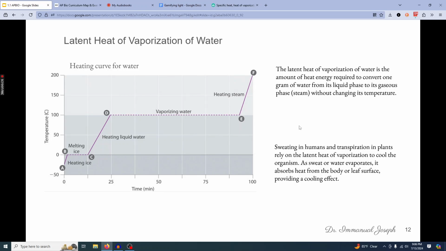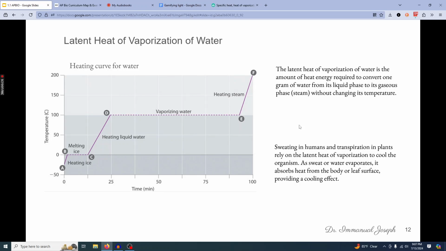Think of sweating. On a hot day, you're walking and you start sweating, and the sweat serves a biological purpose in cooling your body. How? The water in your sweat needs to evaporate, right? And where does the heat required for its vaporization come from? It comes from the surrounding tissue in your body, in the skin.